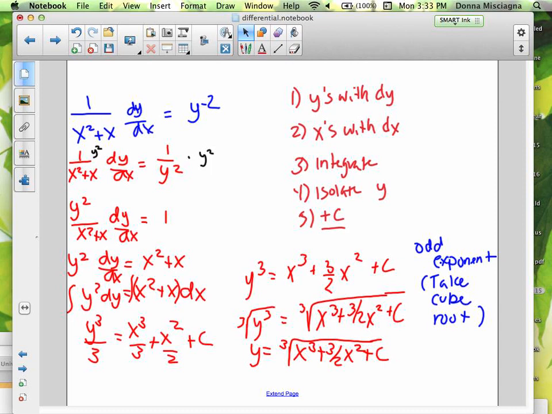You isolate the y, so it's y cubed. On this one, this is the power rule. When I'm integrating using the power rule, I increase the exponent by 1 and divide by the same amount. If I differentiate it, it has y squared as the derivative, because the 3 would move in front, those would cancel, and the exponent would decrease by 1.